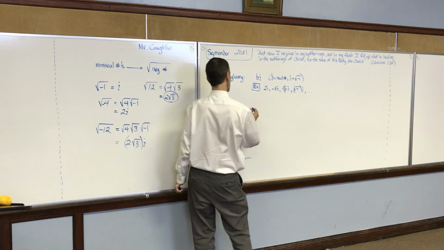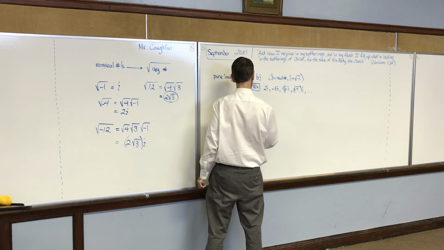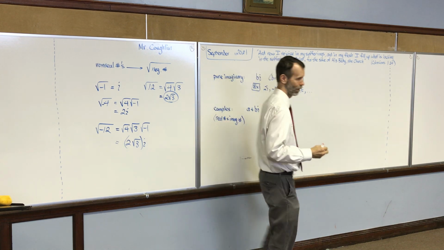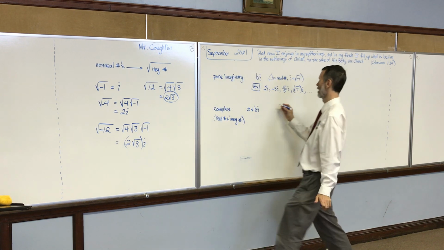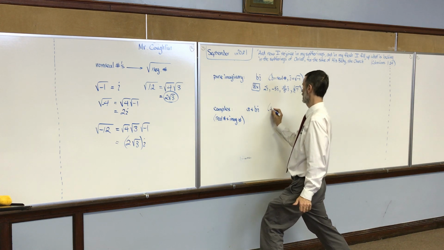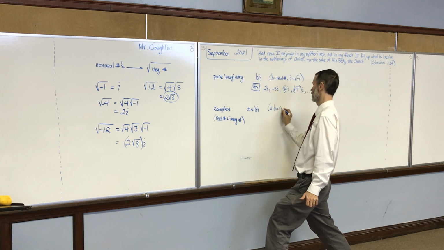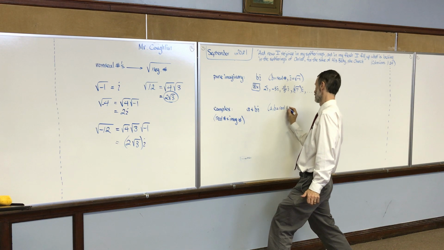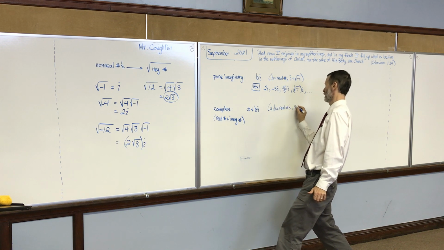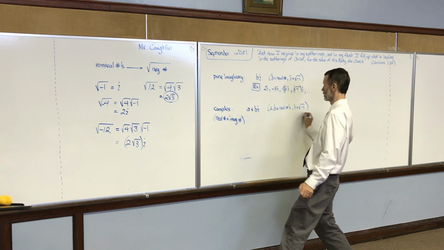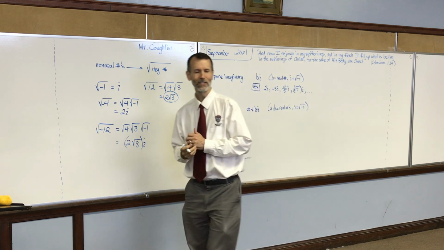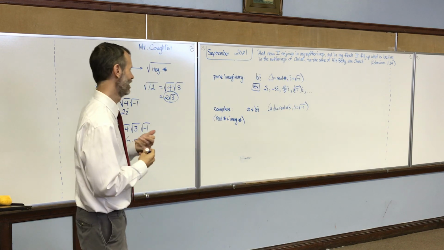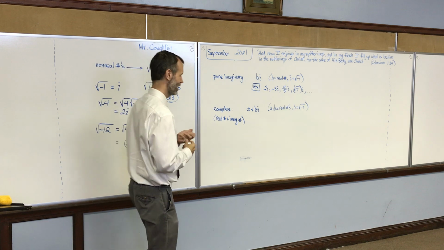It takes the form a plus bi, where a and b are real numbers and i is radical negative 1. That's called the complex number. A real plus an imaginary gives you a complex.